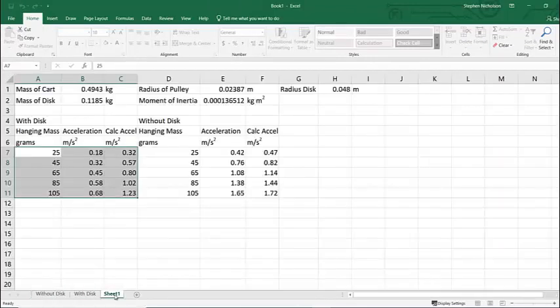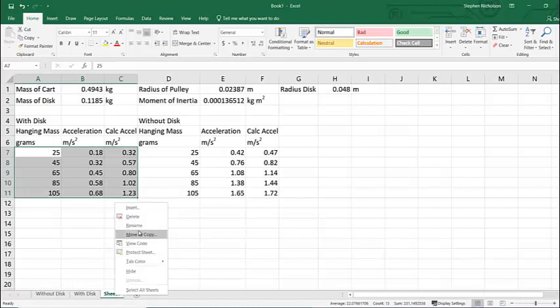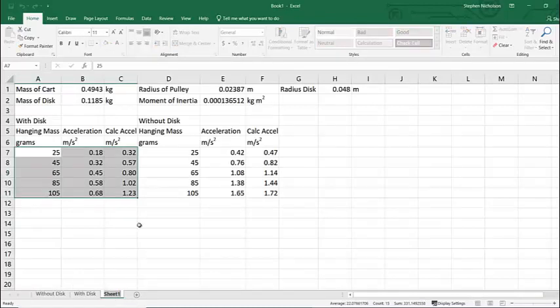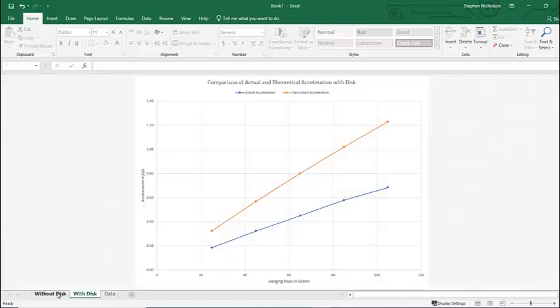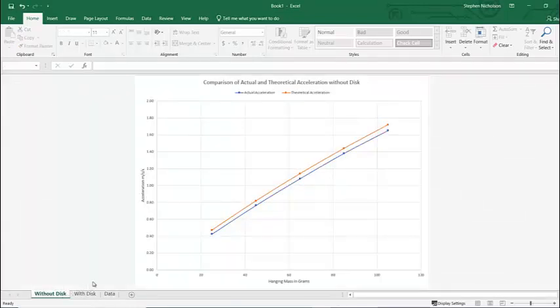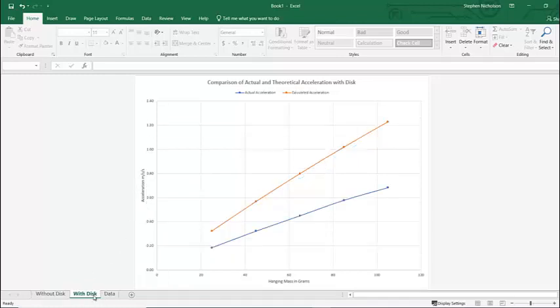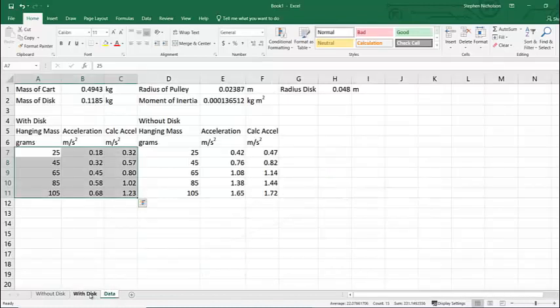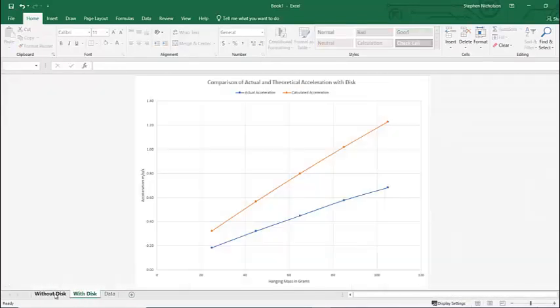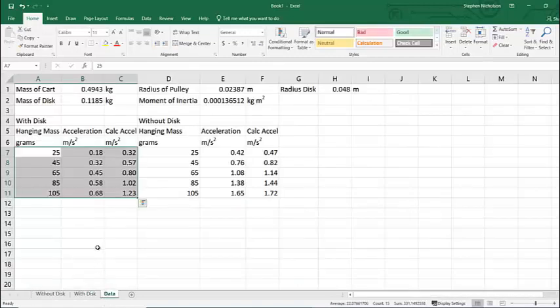The sheet 1, we'll right click on that and rename as data. So we got the data, we've got with the disk, we've got without the disk, and we could change the font size, but let's just leave it as it is. So it's interesting. And that's it.